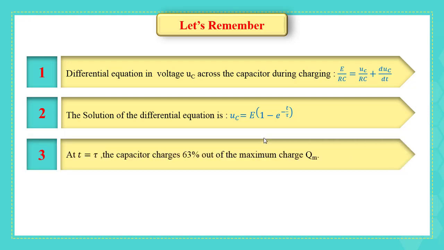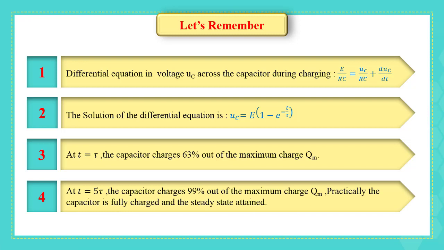At t equals tau, the capacitor charges 63% of the maximum charge Qm. 4. At t equals 5 tau, the capacitor charges 99% of the maximum charge Qm. Practically, the capacitor is fully charged and the steady state is attained.